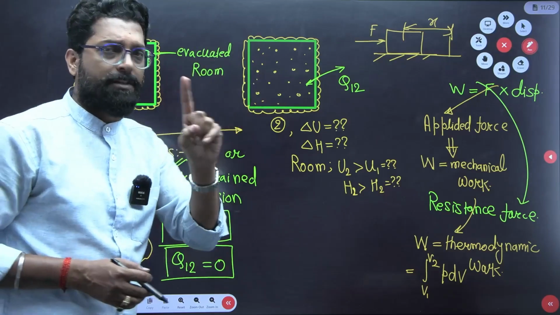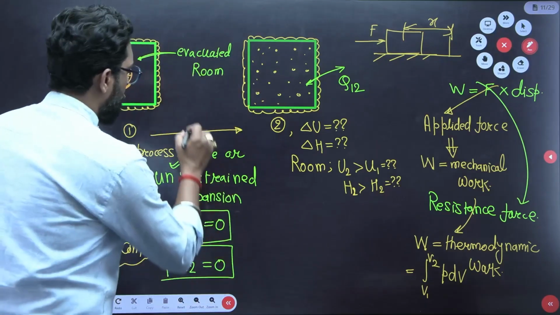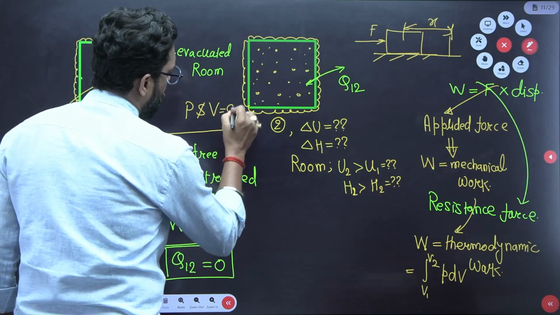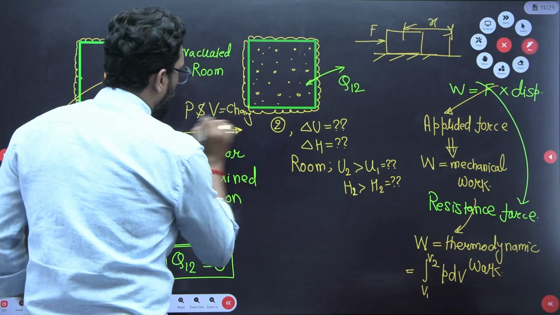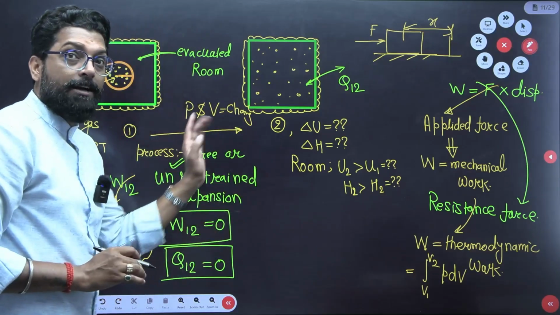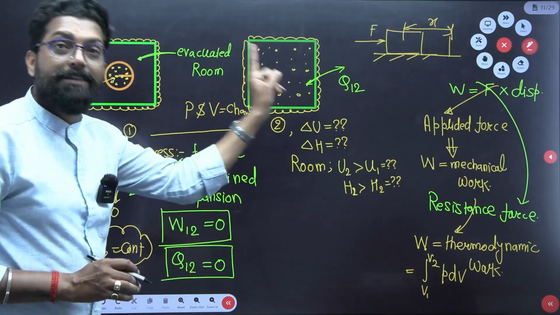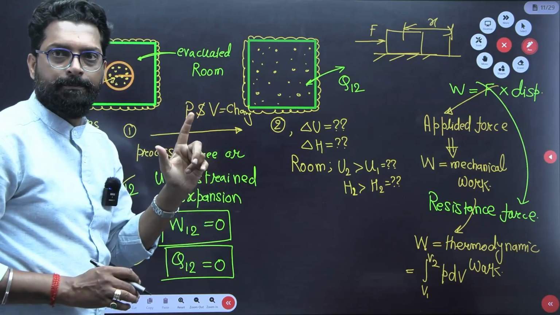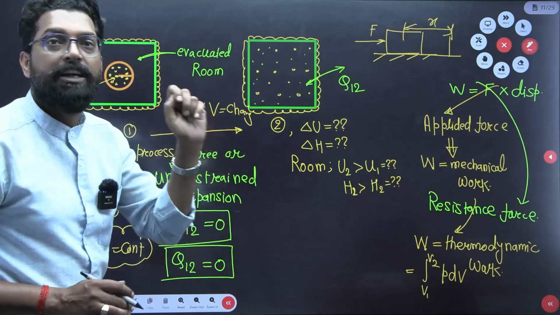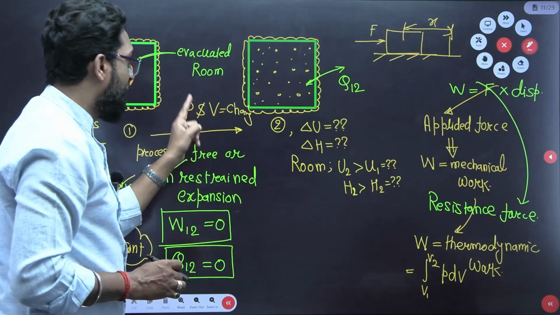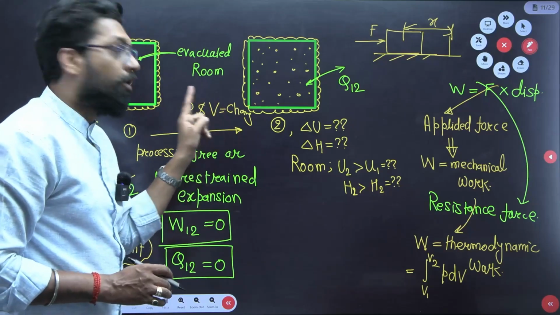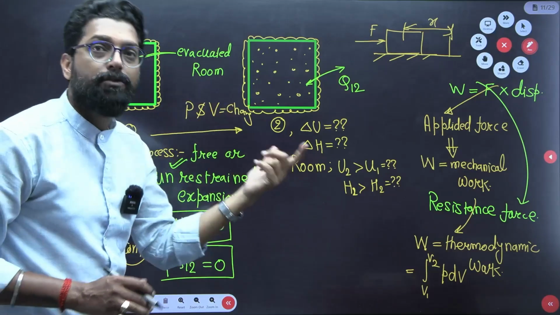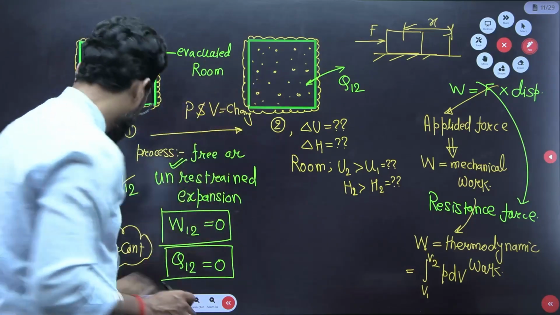Very important information: during this process, pressure and volume change, but the temperature remains constant. That is Joule's experiment. So though the pressure and volume change, the temperature remains constant. That is called Joule's experiment.